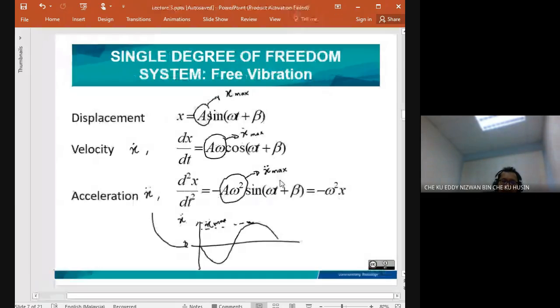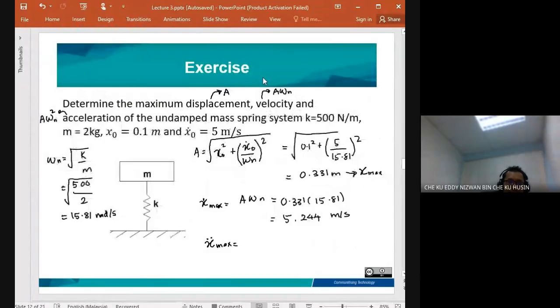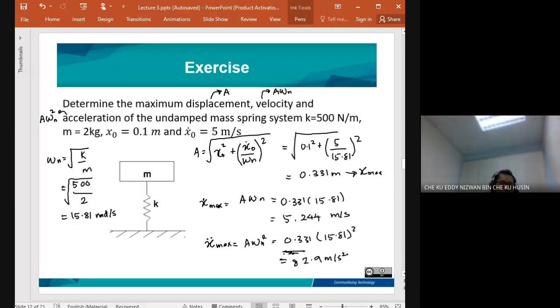So please just take the value of A omega n square, which is 0.331 times 15.81 square. Okay, so that's the solution.